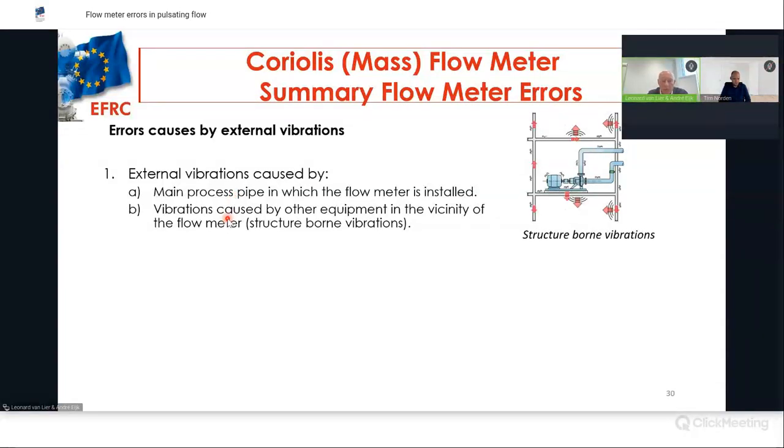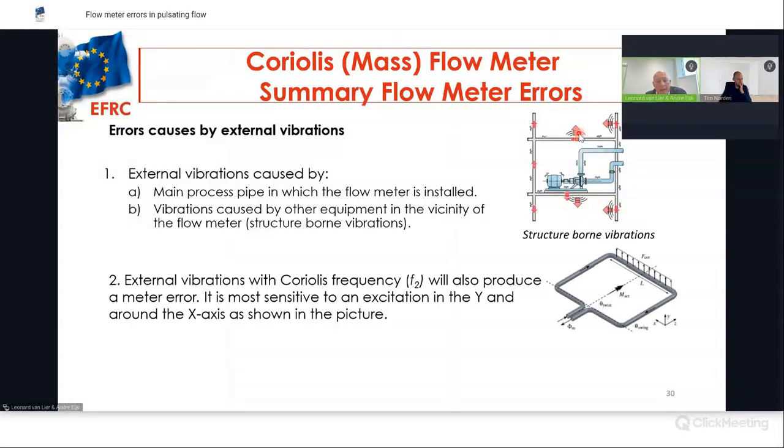And it can also occur that there is equipment in the vicinity of the flow meter, for instance here you have a structure, for instance a pump is located here. Imagine that the flow meter is located here. You get structure-borne noise vibrations which will be transferred to that meter and will have an influence on the flow meter error.